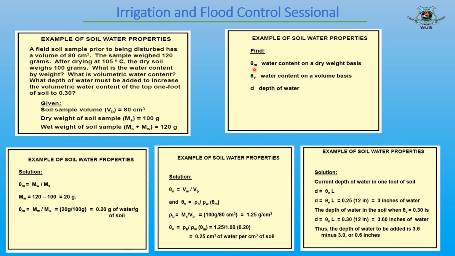So our first task is to calculate the water content on a dry weight basis. Now we know θm, that means water content on a dry weight basis, equals mass of water divided by mass of solids. Here mass of water equals 120 minus 100, equals 20 gram, as 120 is the wet weight of soil and 100 is the dry weight. So the difference of these two is the mass of water.